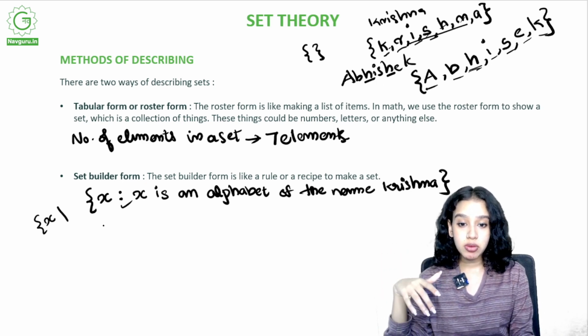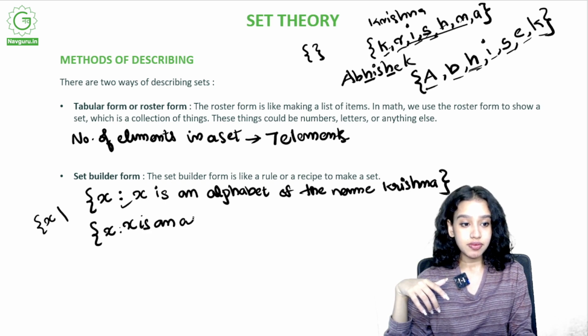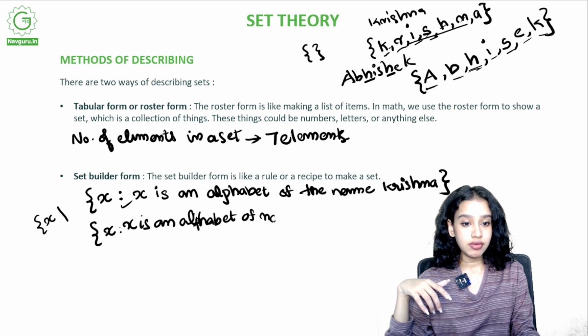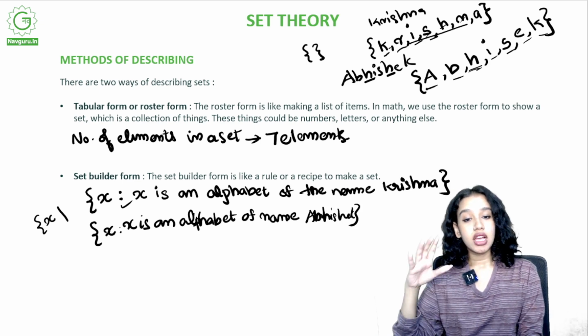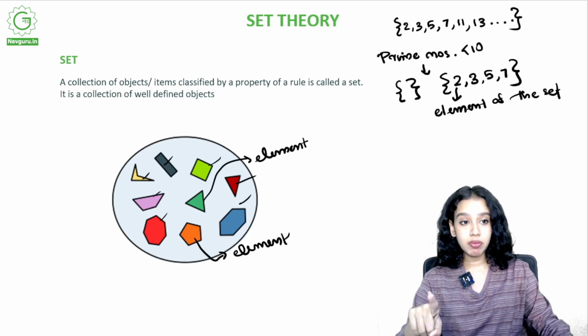Now when we are talking about Abhishek, we'll just write X such that X is an alphabet of the name Abhishek, right? Now, the earlier set we were talking about, which is the set of prime numbers, right?